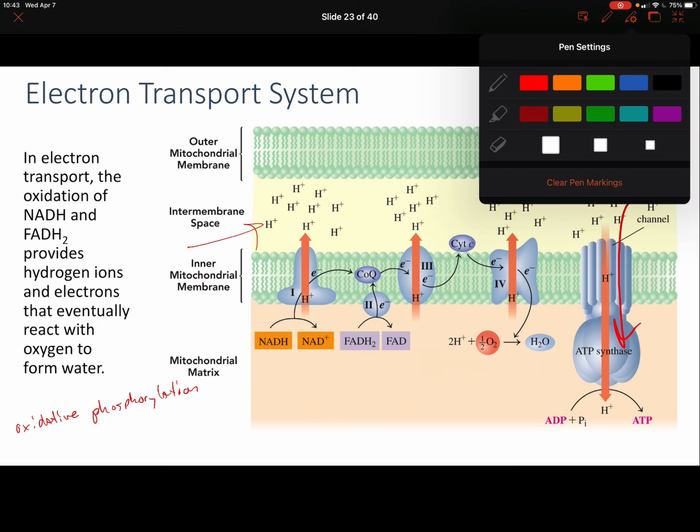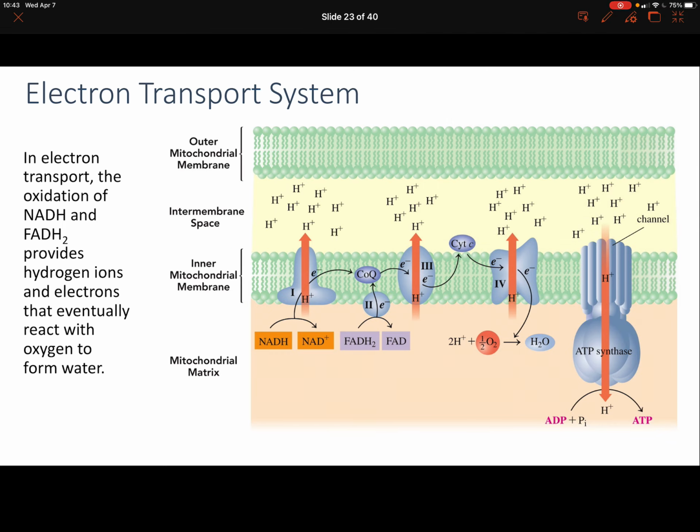Now, in this chemiosmotic model, by passing through this 5th protein complex called ATP synthase, or complex 5, as I mentioned, it's able to drive this reaction, ADP into ATP. And so that's how complex 5 fits into this. It is the site of ATP synthesis.